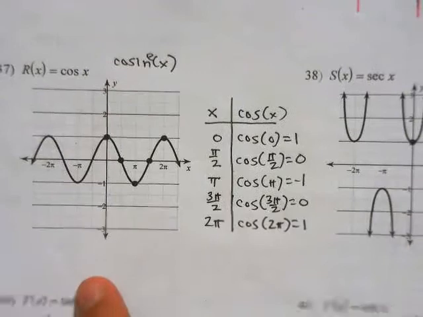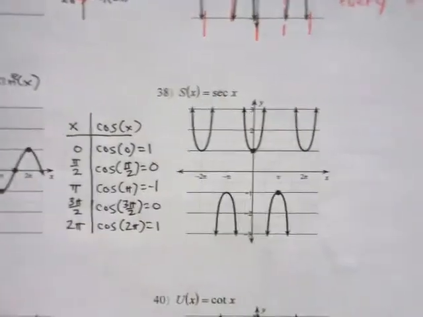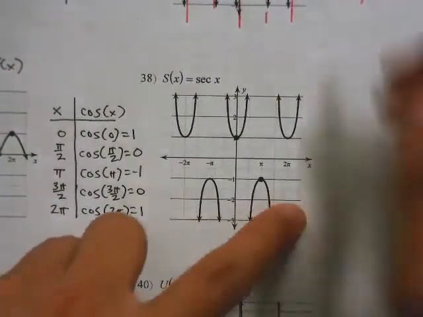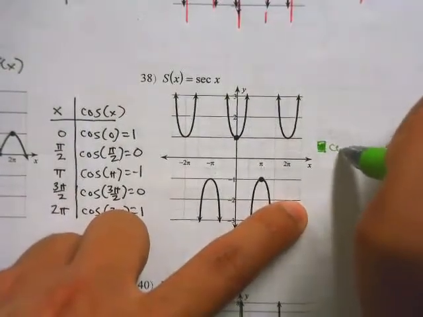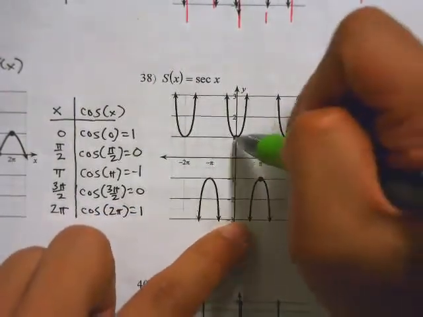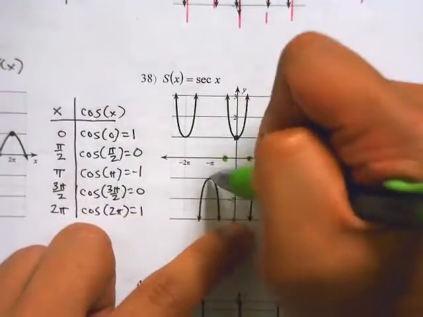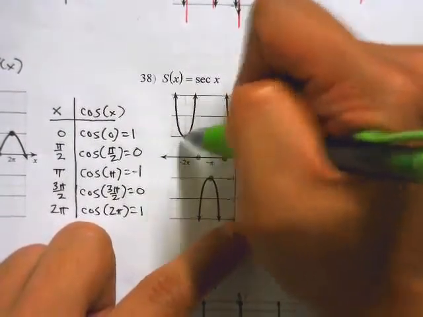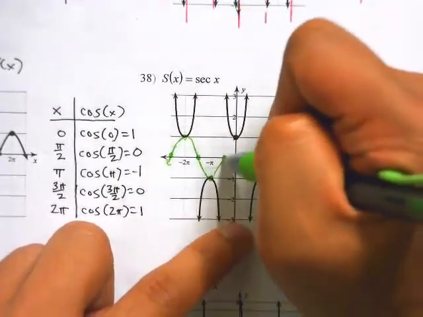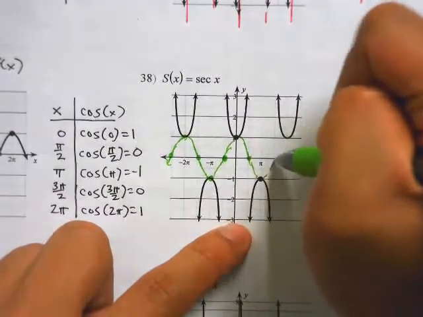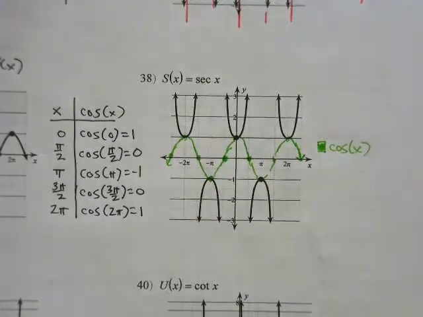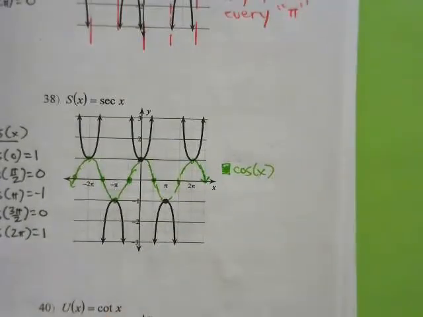Okay. We're going to use the cosine function to develop our secant function, which has already been drawn. And so in the same respect, I'm going to draw the cosine of x graph in 38. Right over here. Okay, so this is our cosine. Very similar to the cosecant.